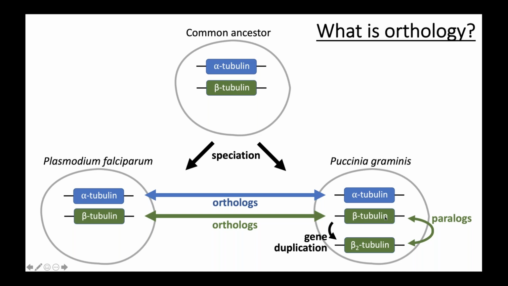And that's how we can figure out that these are paralogs: there's less evolutionary distance between these two than between Plasmodium and Puccinia. These are more closely related, meaning that they diverged more recently through a gene duplication. I'll come back to that.